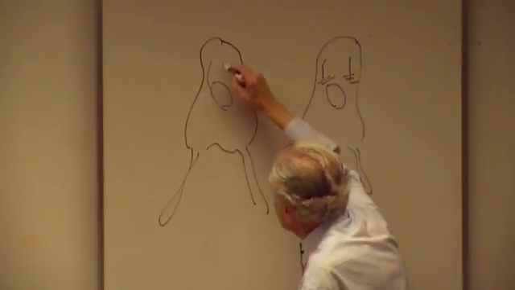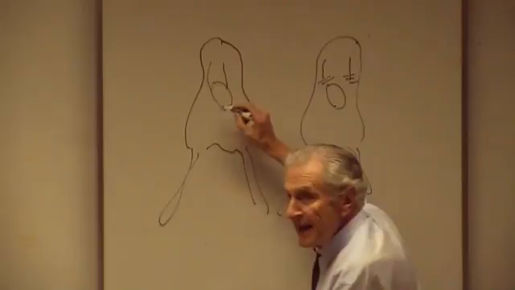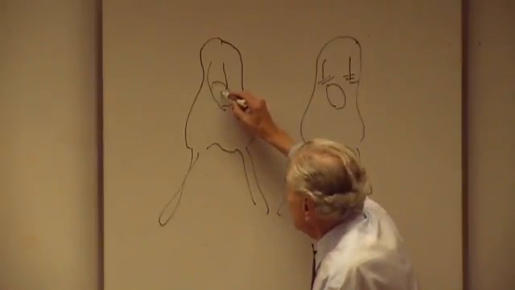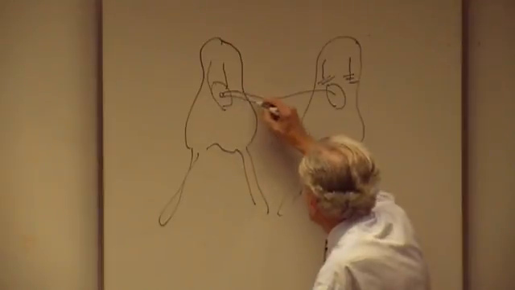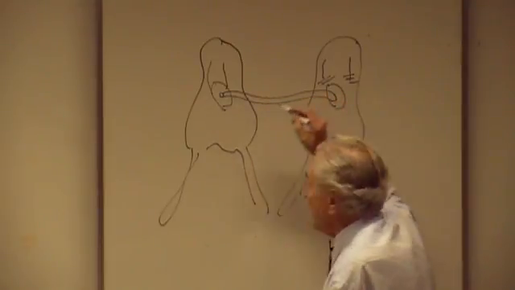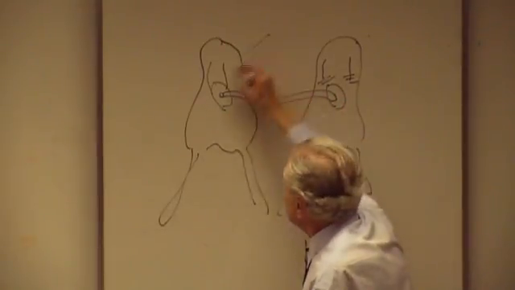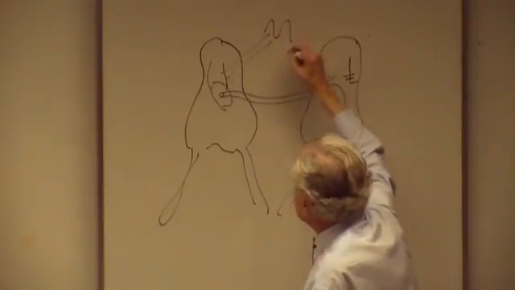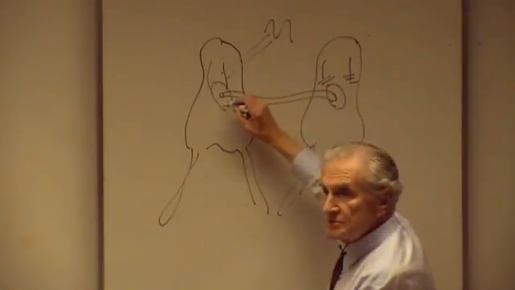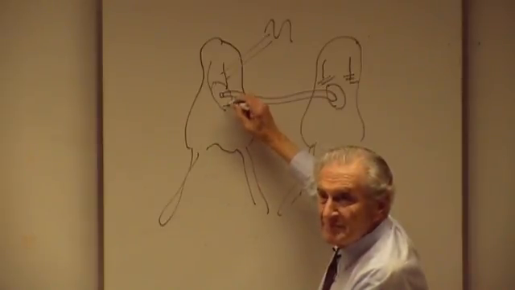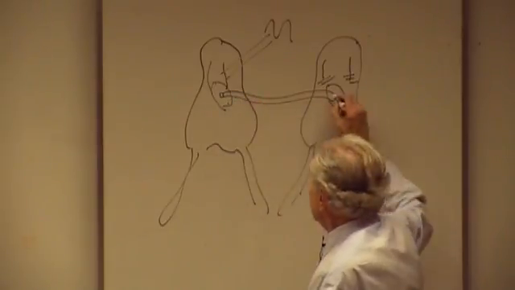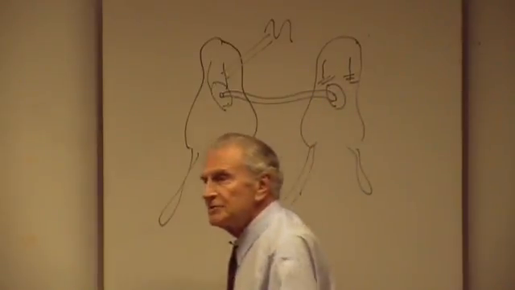This one was intact. Then he ran a cannula from this heart, from inside this heart, all the way over into this side. And then what he did was, he stimulated here. Well, this heart slowed down, and then some seconds later, this heart began to slow down too.